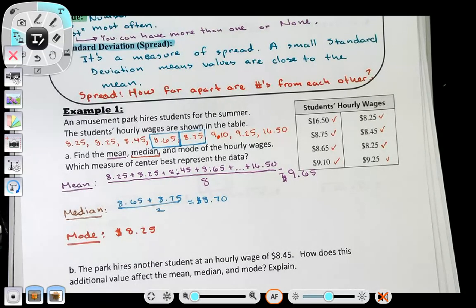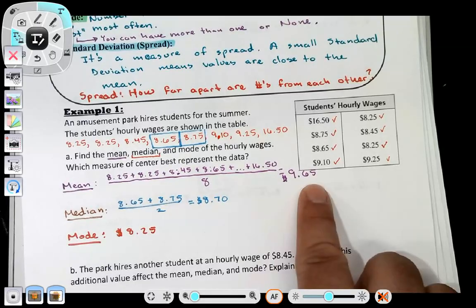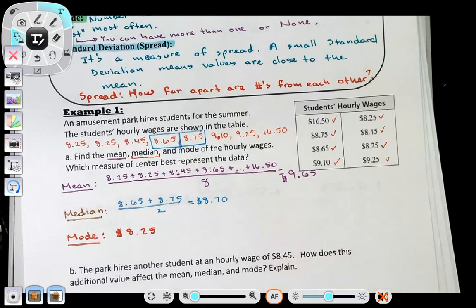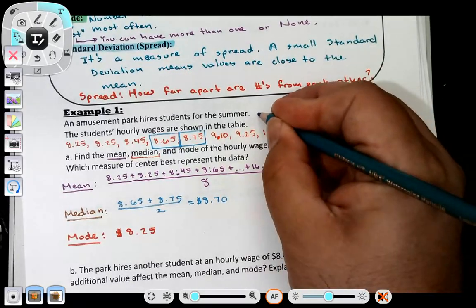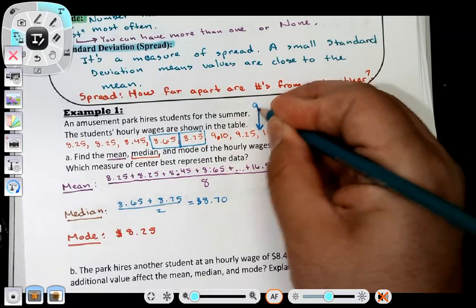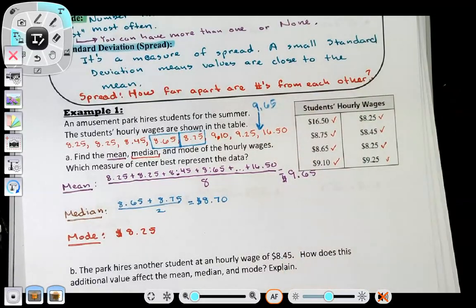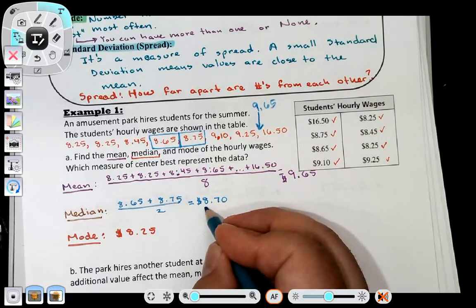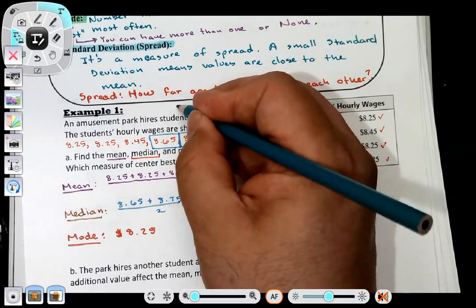The question now is, all right, well, which measure of center best represents the data? So who is the one that represents the data the best? Well, think about it. 965 would be right here. There's 965. 870 that you got earlier is right here.